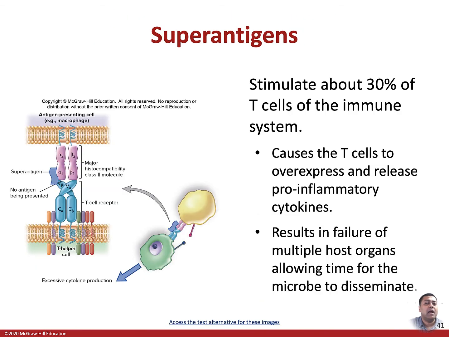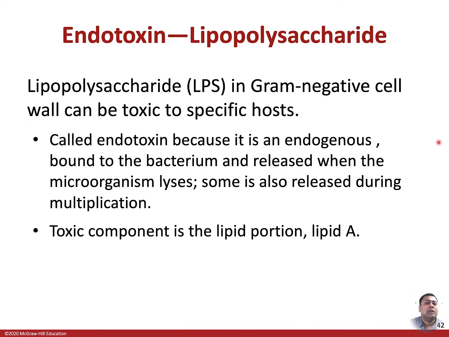Now we are going to talk about the endotoxin. This is the lipopolysaccharide in the gram-negative cell wall, which can be toxic to specific hosts. But the whole lipopolysaccharide of the outer membrane is not the endotoxin, only a part of it. It is called an endotoxin because it is endogenous, bound to the bacterium, and only released when the microorganism lyses or dies.